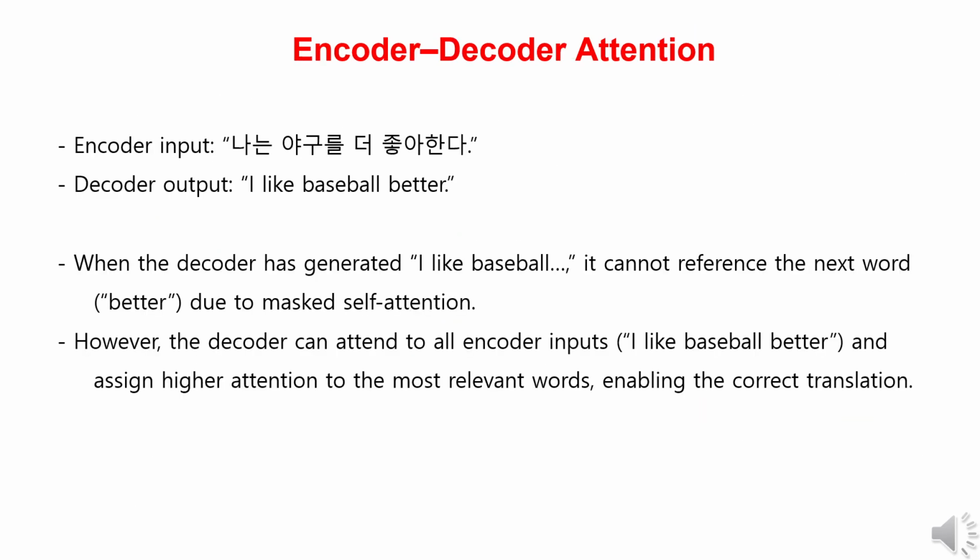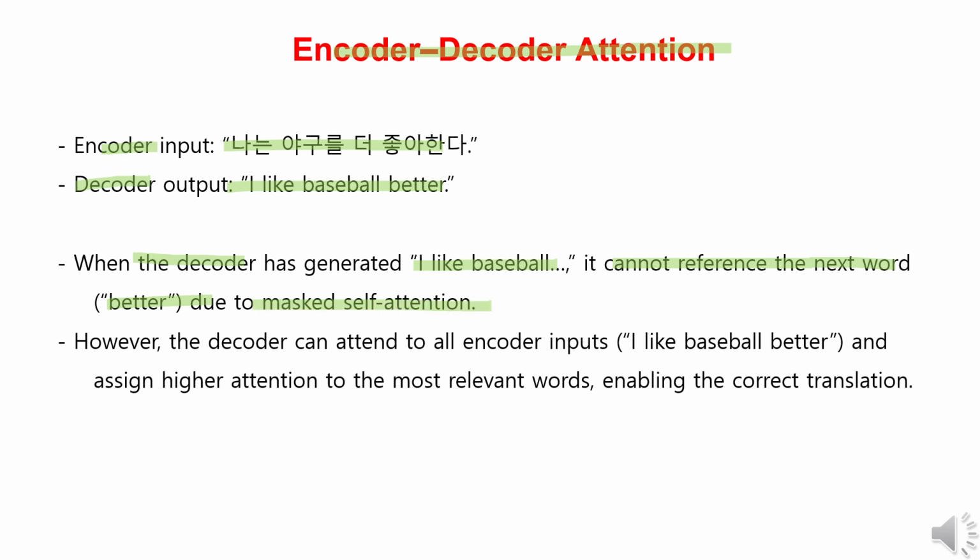Next, let's look at encoder-decoder attention, another key component of the decoder. For example, the encoder takes the Korean sentence as input, and the decoder generates the translation, "I like baseball better," step by step. At the point where the decoder has generated "I like baseball," it is not allowed to refer to the yet-to-be-generated word "better."